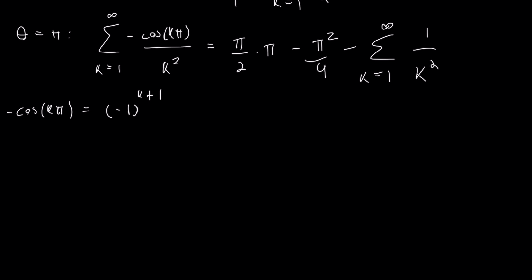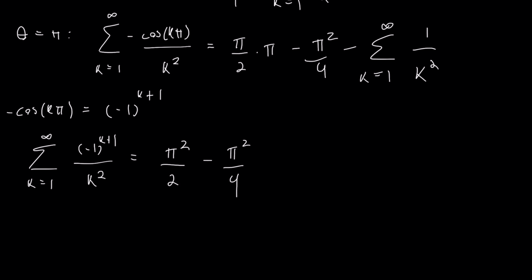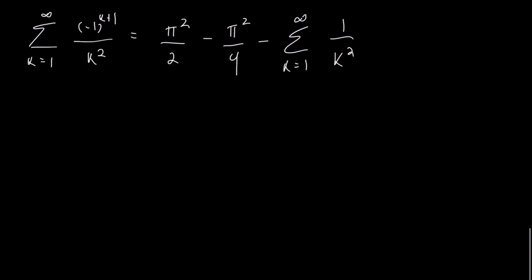So we have now the sum from 1 to infinity of negative 1 to the k plus 1 over k squared is equal to pi squared over 2 minus pi squared over 4, then minus the sum from 1 to infinity of 1 over k squared. But we recognize these two sums.